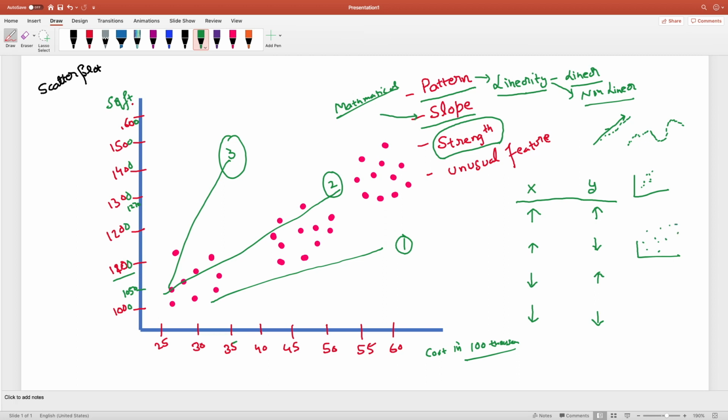So there has to be a mathematical entity which will define the strength of the graphs. And the third is unusual features. These unusual features also create a lot of problems when doing analytics, so we need to learn to deal with them. In upcoming videos, we will talk about the mathematical entity of slope, strength, and unusual features.